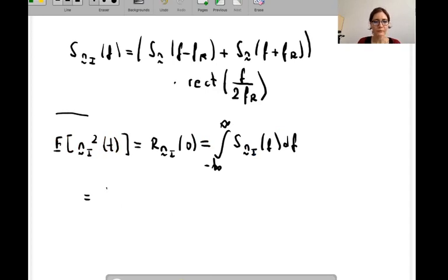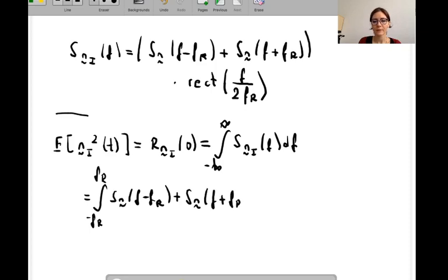And then within this interval it is equal to this value. So S_N of f minus fr plus S_N of f plus fr, df.